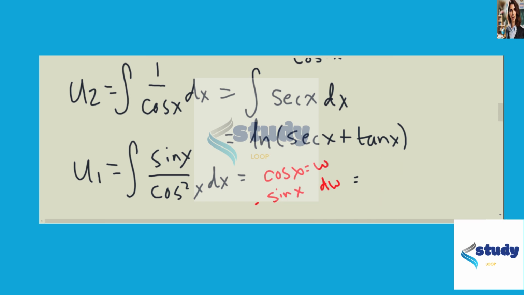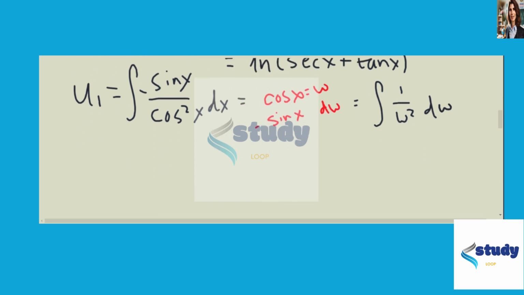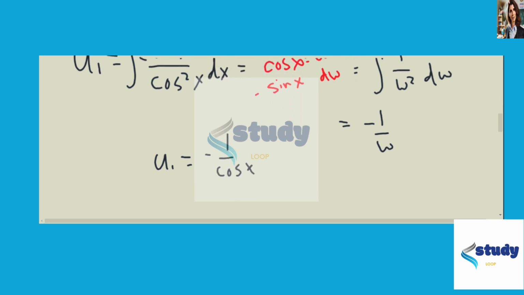And this integral is, of course, I missed the negative up front there, and so this integral ends up being just 1 over w squared dw, which we know how to solve. Right, so that's just going to be equal to negative 1 over w, which means that u1 is equal to negative 1 over cosine of x.